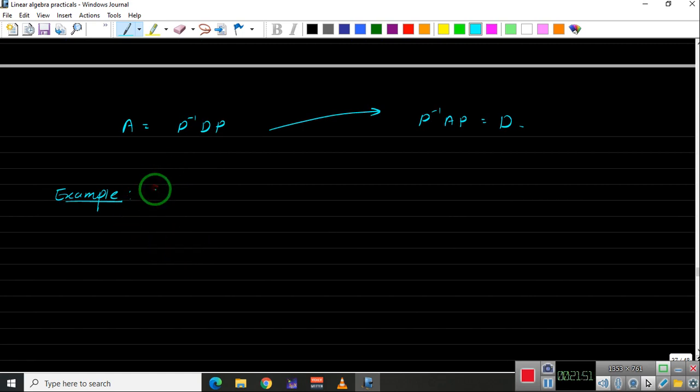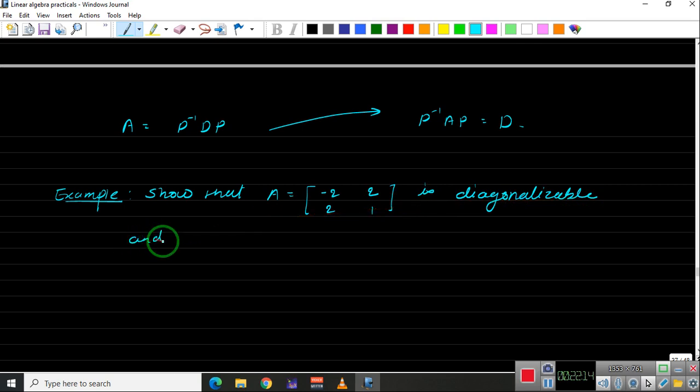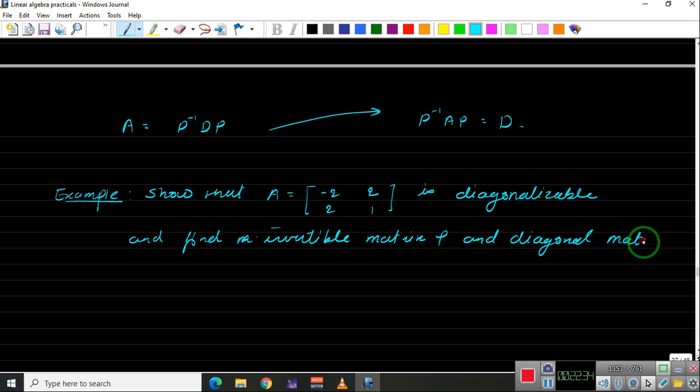So show that A is equal to the matrix I have taken earlier, minus 2, 2, 2, 1, is diagonalizable, and find the invertible matrix P and the diagonal matrix D. So you can try this.